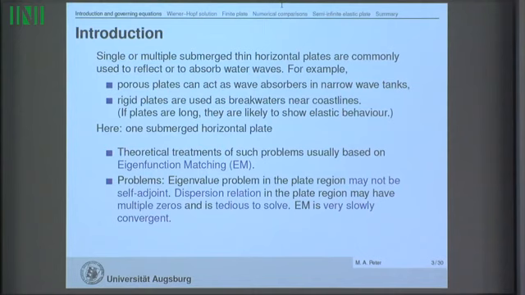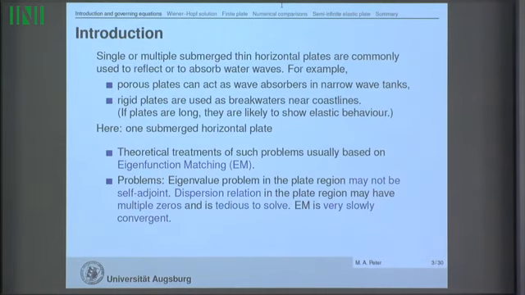That works reasonably well. The problem is there are a few problems. One problem is that there are typically eigenvalue problems that you have to solve. We'll meet them during the talk as well, and they may not be self-adjoint. Also, in the end you'll always encounter dispersion relations. I'll get into that as well during the talk, and they may be quite nasty.